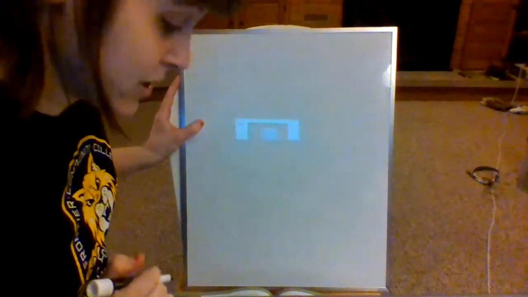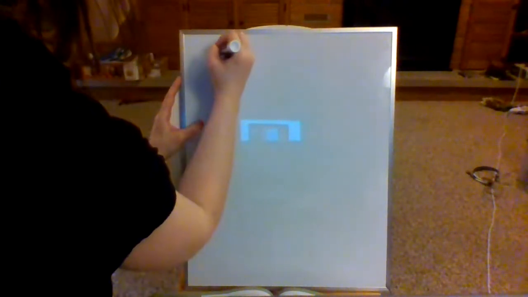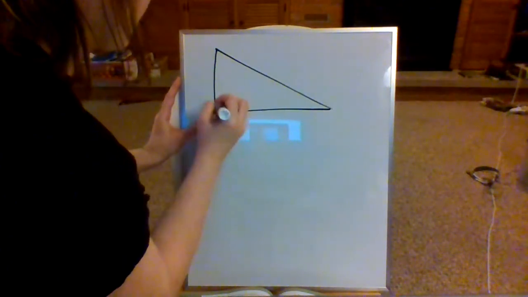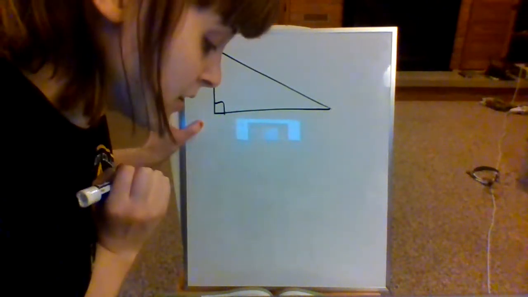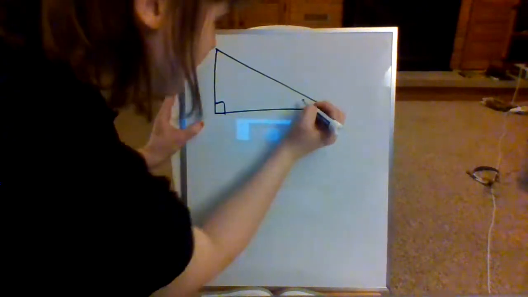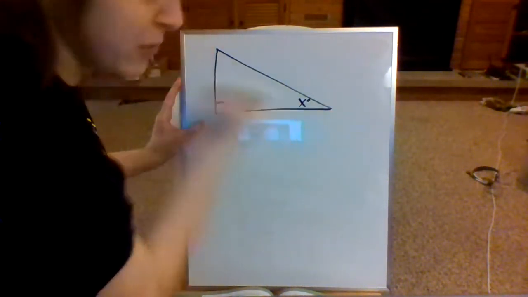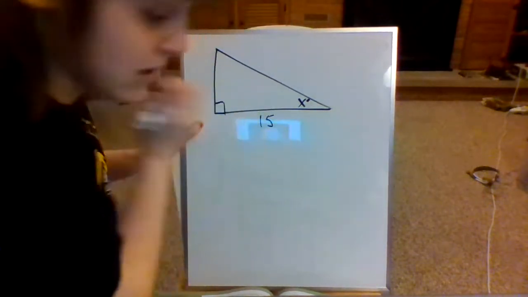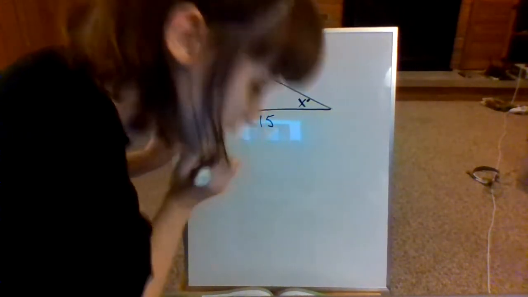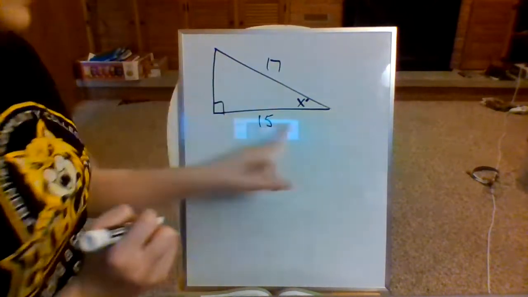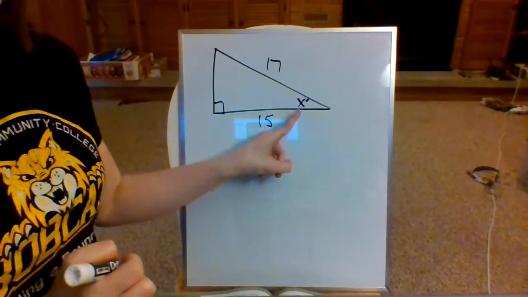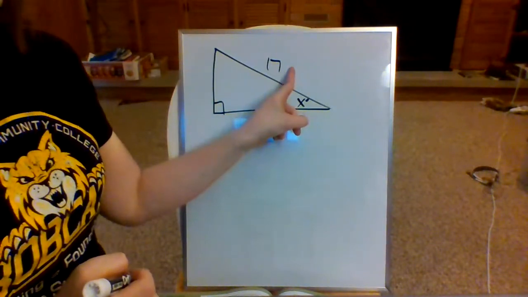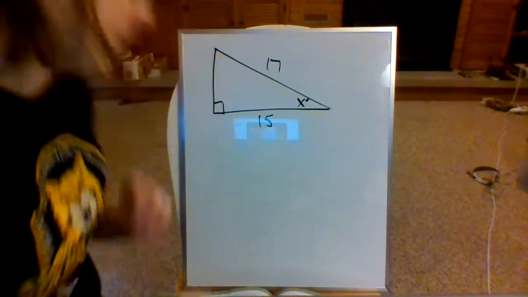Okay, so the next problem looks like this. Alright, so we're trying to find, this time they gave us a little x for the angle. And we have 15 right here, and we have 17 over here. Okay, so this is our angle x. Looks like we've got adjacent and hypotenuse. So we're going to use inverse cosine again.